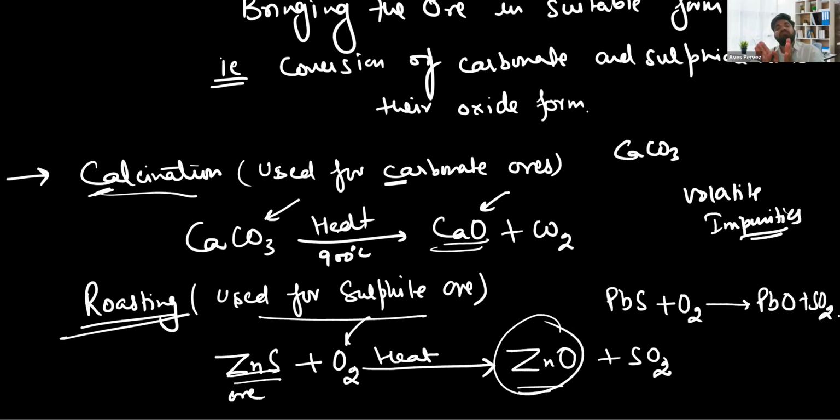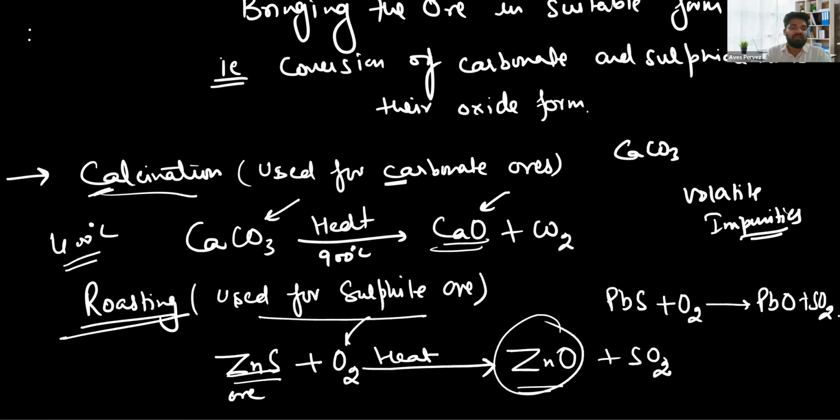So those impurities can be easily removed while heating. Say, at 400 degrees Celsius, those impurities get melted and are easily removed.